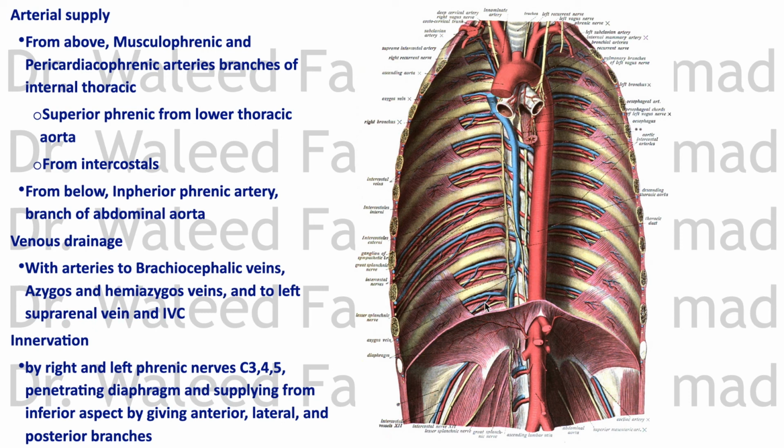Okay, so now you know the importance of the phrenic nerve in the neck. First of all, it was well protected in the neck by the fascia of the scalene anterior. Remember, we said that it's buried under the fascia of the scalene anterior.